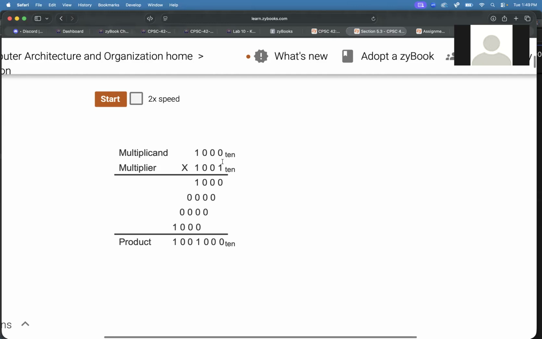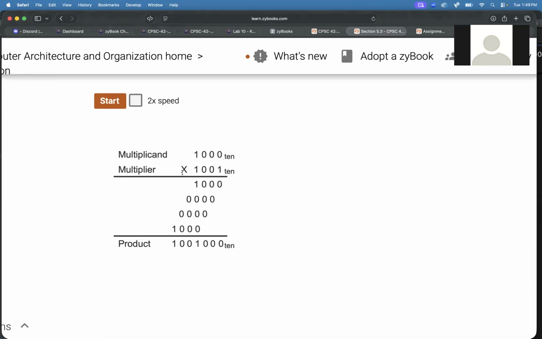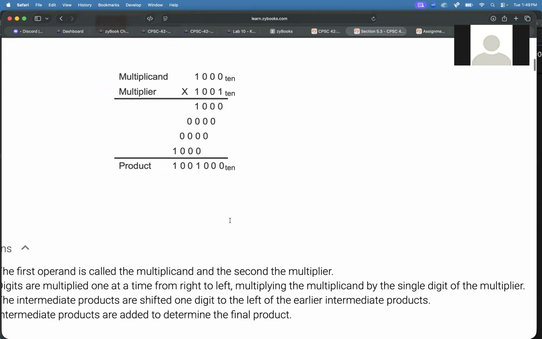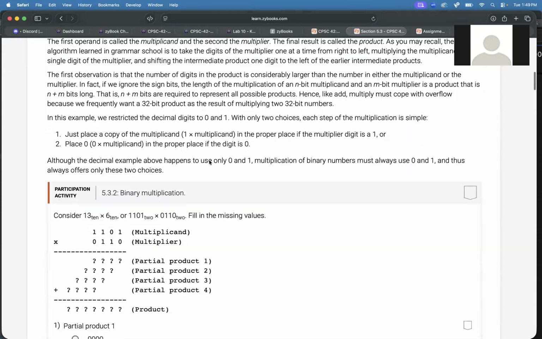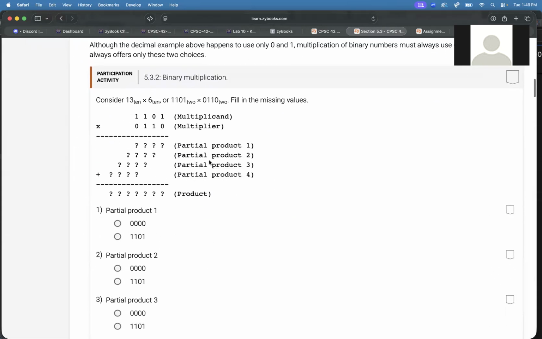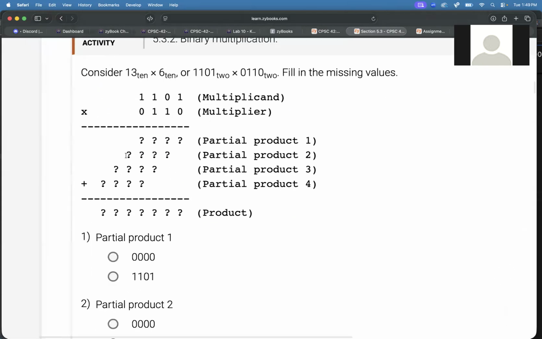So binary multiplication is not any different. So I think we've done this, but we'll see it on the board later. So I'm not going to do this, but it's exactly the same as normal multiplication. Actually, I guess we are doing it because we'll do this exercise here.